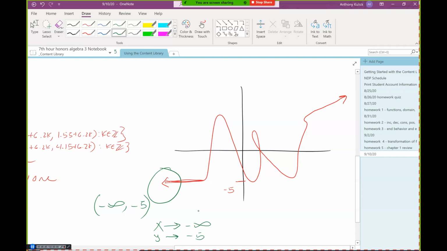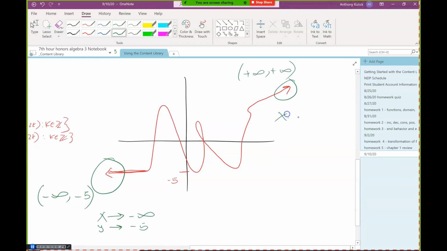Is that okay? This end is at the point +∞, comma, +∞. It's going to the right, so that's the +∞, and it's pointing up, so that's the y coordinate, +∞. So here I would say as x approaches +∞, y approaches +∞. That's it. Is that okay?